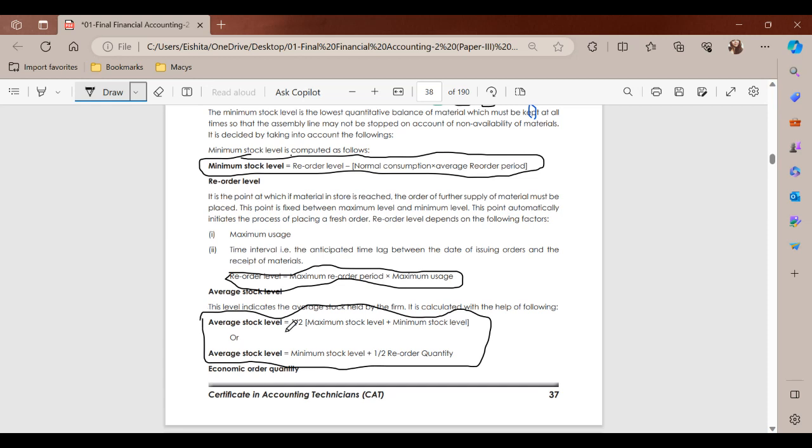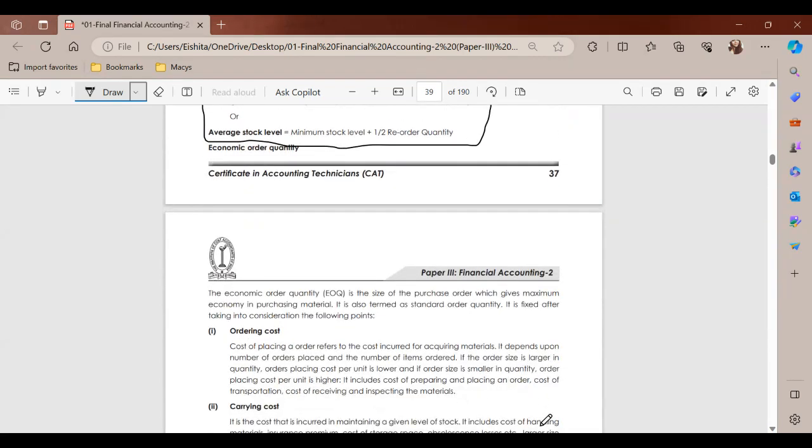Any questions, please? What is EOQ? EOQ is nothing but the economic order quantity. It is the balance which you will do by balancing two types of cost.